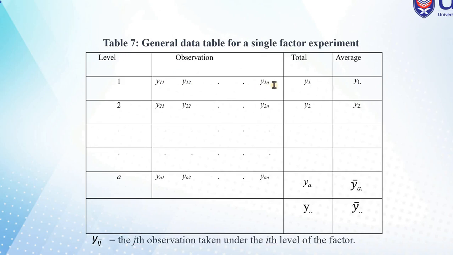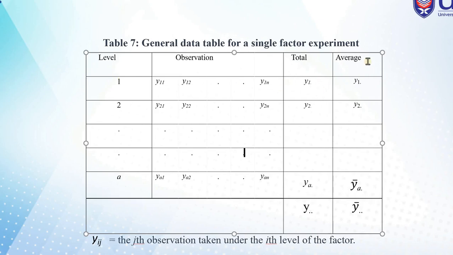So we have n replicates of level 1, and we do the same thing for each level. For each level, we have n replicates, so this one should be n. Then we have the total: y1. means the total for the first level.